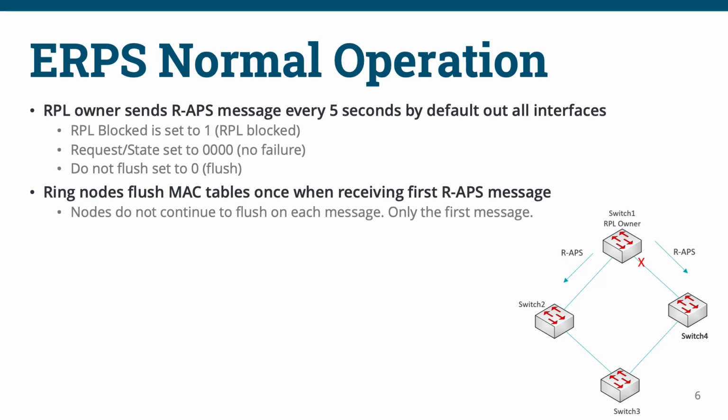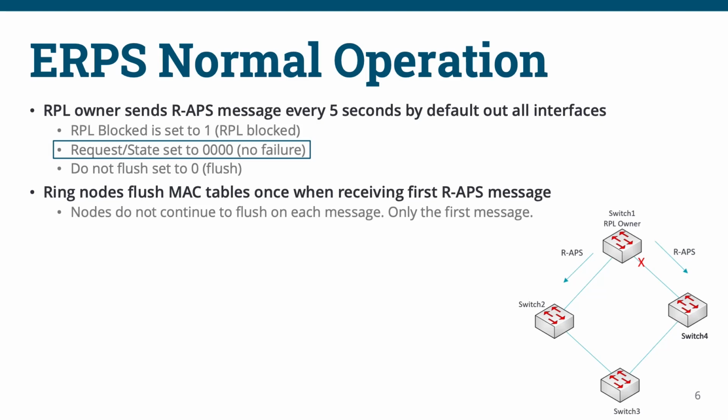It will send a RAPS message every 5 seconds by default on Junos devices and sends them out all interfaces participating in ERPS. The RPL in normal operation will be blocked. So the RPL blocked flag will be set to 1. And being that there's no failure detected, the state field is set to all zeros.